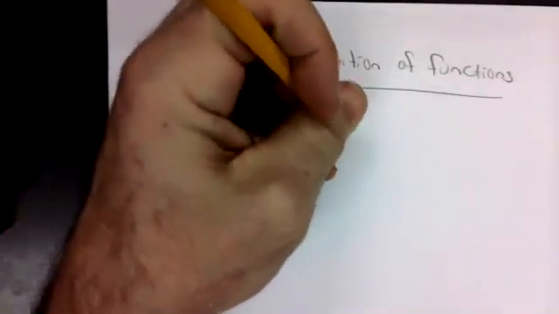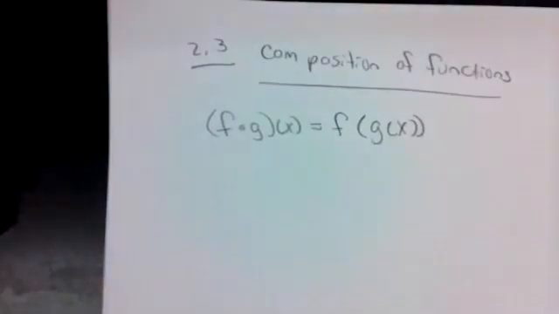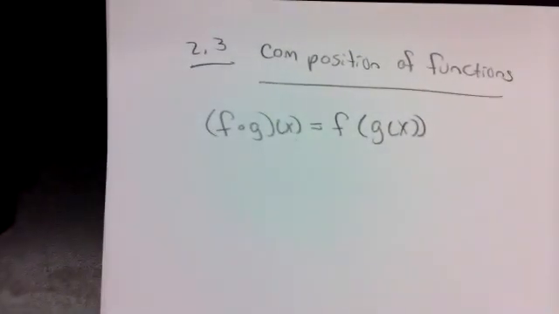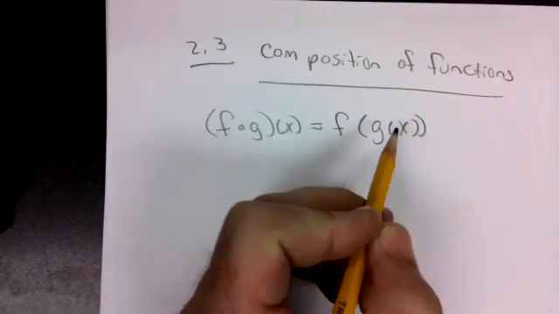Another way to write this is like so. This is an embedded notation. And different than multiplication, which is what this kind of gets confused for, we basically work this from the inside out.